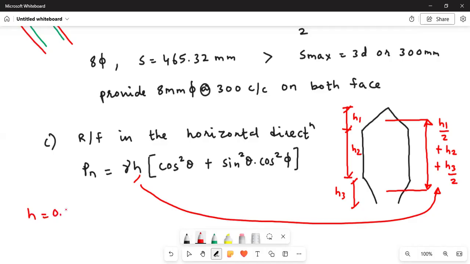H1 is 0.87, so 0.87 by 2 plus H2 is 4.2 and H3 is 1.25 divided by 2. Okay. So this H we are getting as 5.26. Okay.